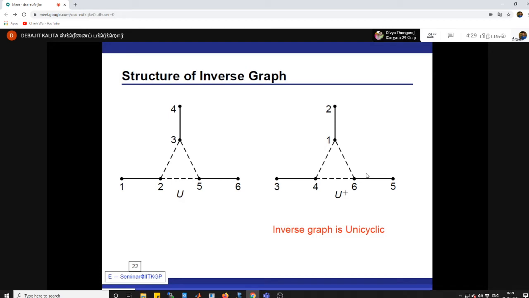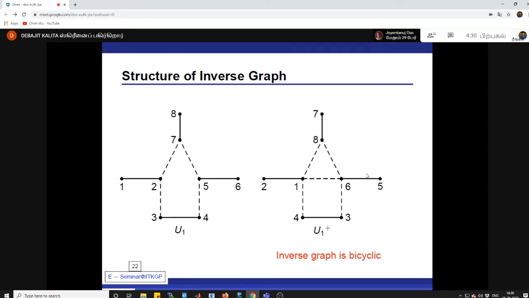For the bipartite case, Tipping-Beck and Kirkland characterized those bipartite unicyclic graphs for which the inverse is self-inverse. Then we see a different picture also. We take this unicyclic graph, which is non-bipartite, and its inverse is not unicyclic but bicyclic.